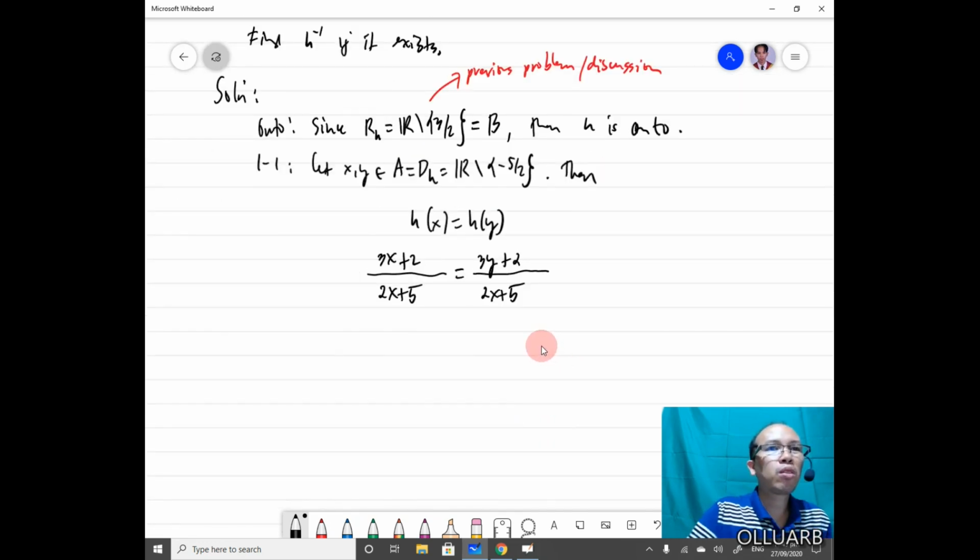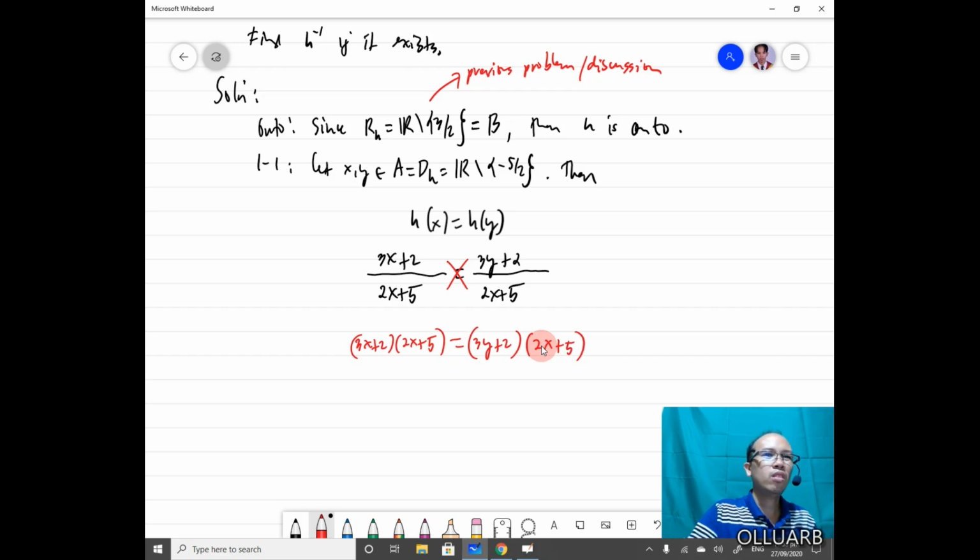Distribute, use the FOIL method, or you can use your special product. We have 6x squared, the middle term is 4x plus 15x, we have 19x, last term is 10.